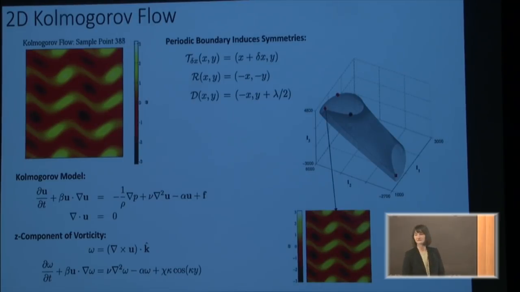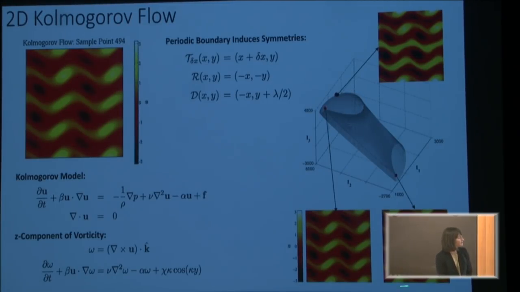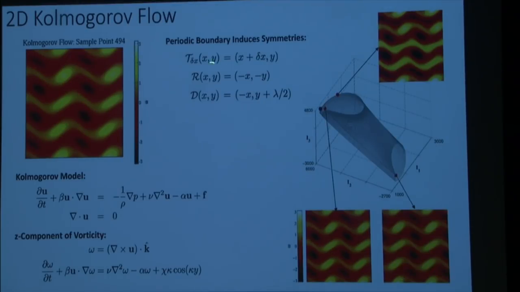By the time you get around to the opposite side of this cylinder, you've got quite a different pattern. And then if we played time forward way in advance and we traversed down this cylinder, you would end up with a pattern very similar to the one you started with, but shifted over in the x direction. And so you can see how those black and white local minima and local maxima are translated in the x direction.